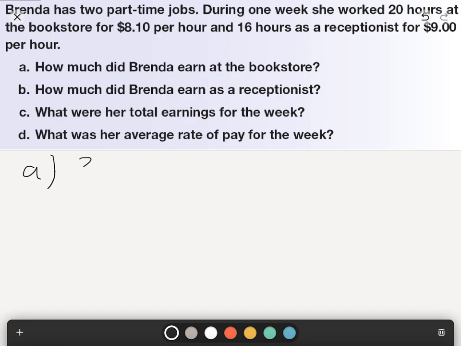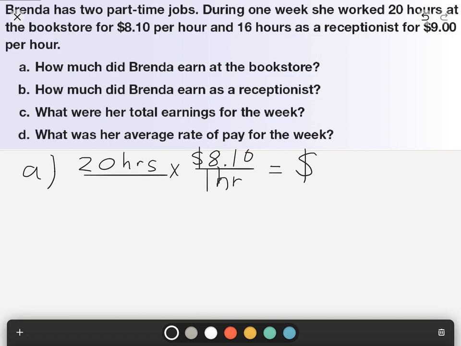So I'm thinking 20 hours times the rate of $8.10 per hour. And so what we want to end up with here at the end is money and no hours.